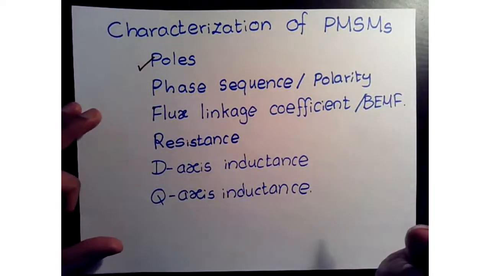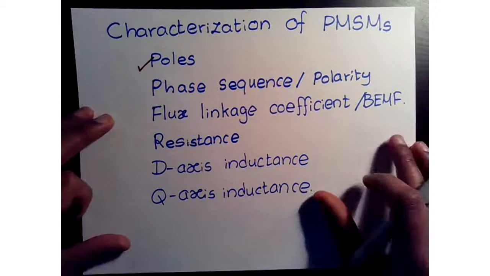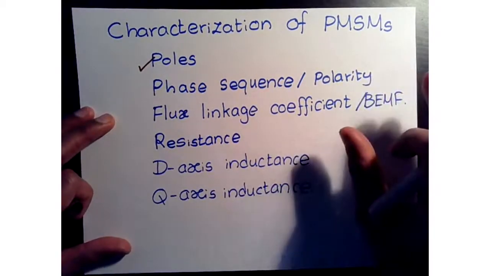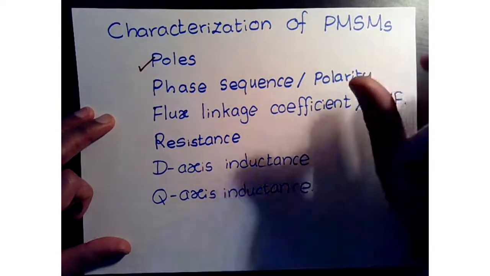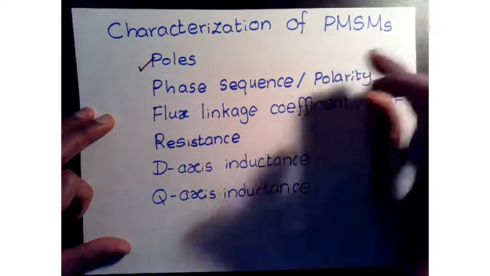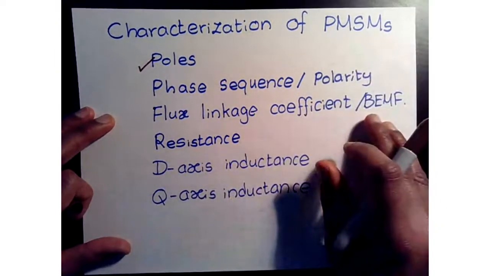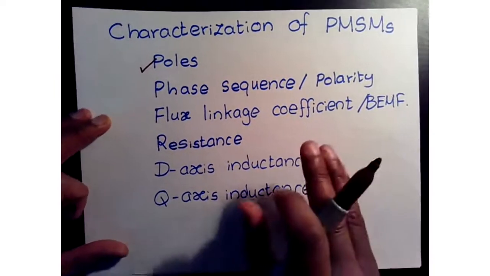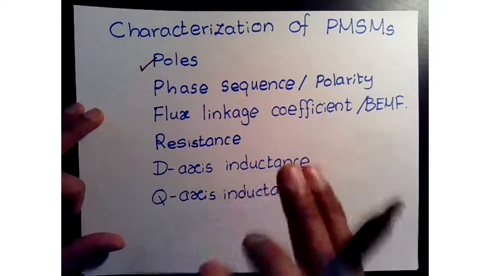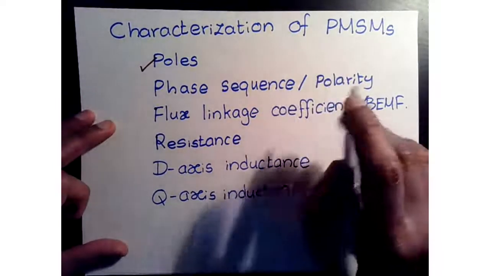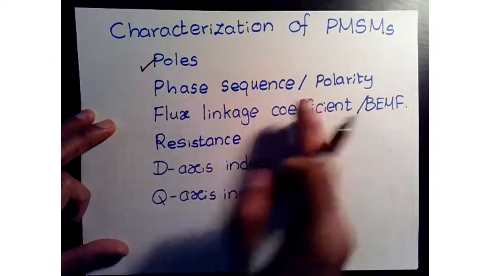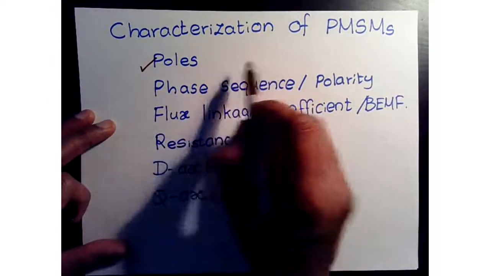Now, phase sequence and polarity, this is something the motor designer will decide. And when you are trying to control the motor, this comes down to whether you define clockwise motor rotation to be positive or counterclockwise positive, because for the clockwise rotation, you will have a certain phase sequence, right? Remember, we talked about this ABC.